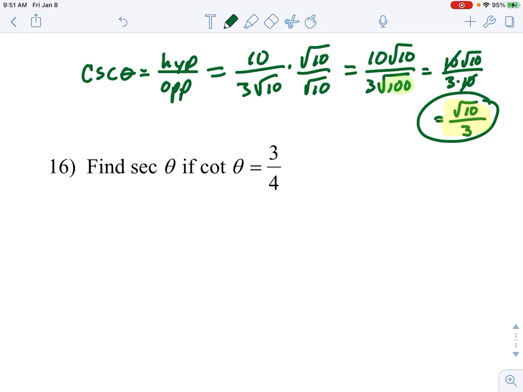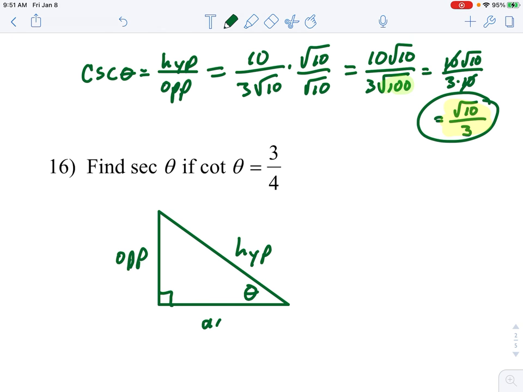Number 16. So again, I need to start with a triangle. So there's my right angle. Call this theta, hypotenuse, opposite, adjacent. We are given cotangent. Cotangent is adjacent over opposite.